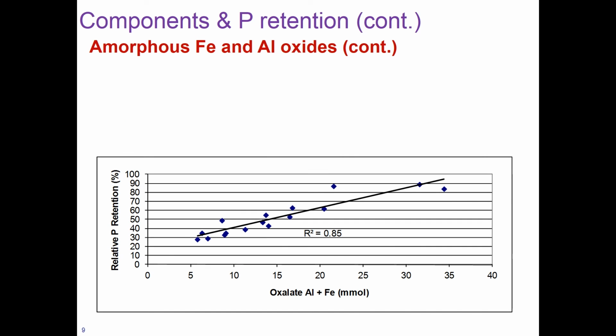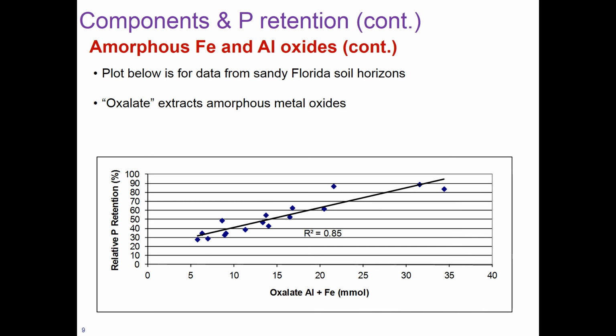The data below were collected for a variety of Florida sandy soil horizons from diverse locations throughout the state. These samples had some degree of sand grain coatings. The oxalate that is given on the x-axis, oxalate extractable aluminum and iron, as I mentioned before, is selective for extracting amorphous metals from metal oxides.